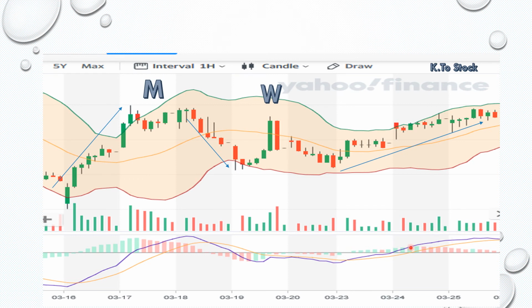Now, in order to know where to enter and exit the market, you enter the market here, and also here. And you exit the market right there, where the MACD line and signal line cross each other.